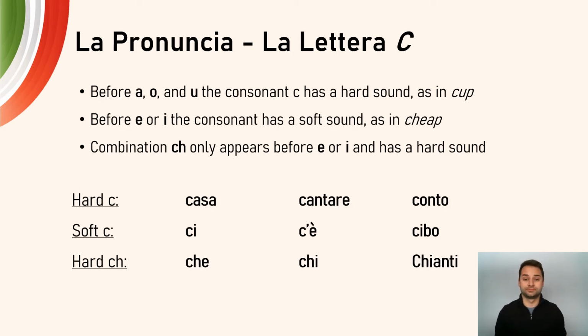Ci. C'è. Cibo. All again examples of the soft C. But what about that hard CH? Chi. And a very famous word that we use here in English, chianti.